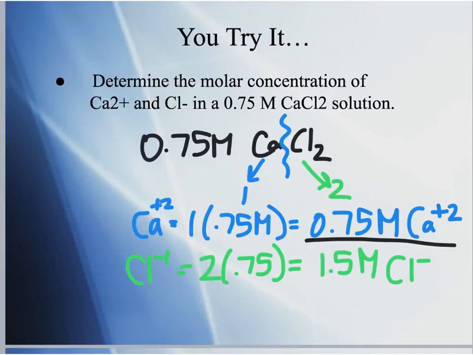On the other hand, we've got 2 chloride ions in this compound, and so we have to multiply the molarity by 2 in order to get the molarity for the chloride ions. So 2 times 0.75 is 1.5 molarity of chloride ions.